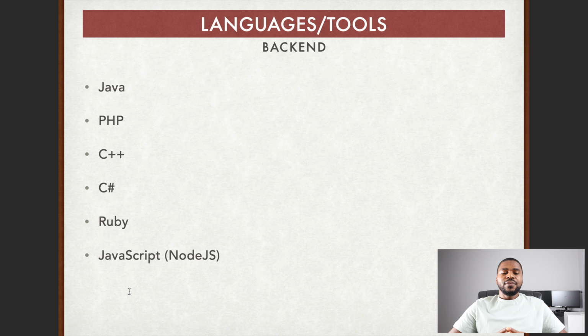I'm going to have another video in the future explaining under which circumstance you will use a specific programming language. And you can see we also have JavaScript as a backend language. We started using it as a backend language recently when Node.js came around.